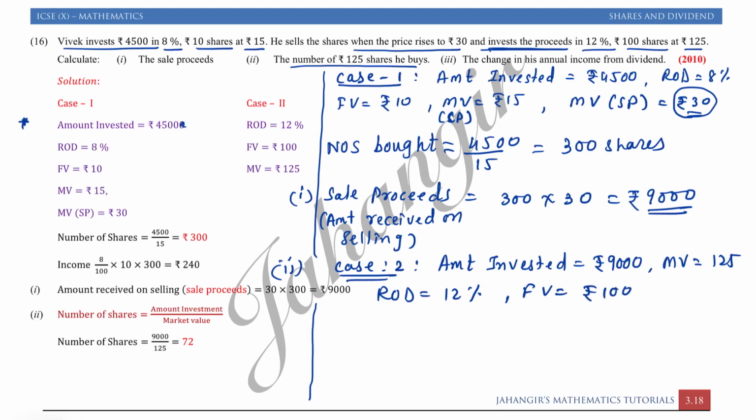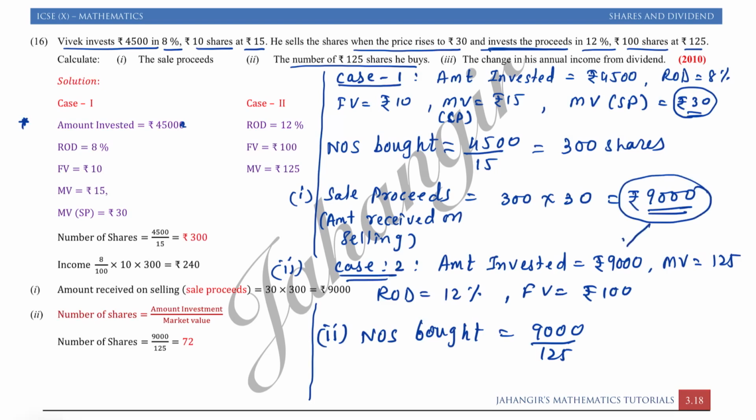So in the second part we will find the number of shares bought, that is 9000 divided by 125. Whatever amount he got from selling, he invested in buying shares of the second company at a rate of rupees 125 each.